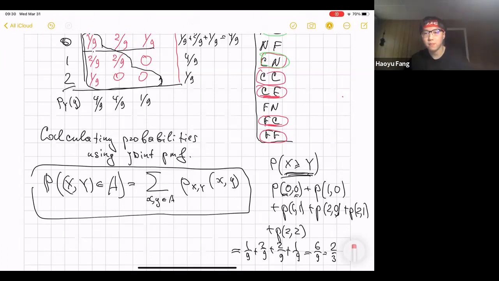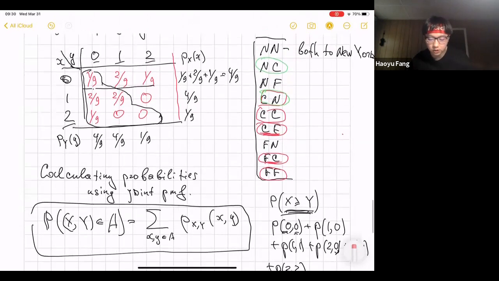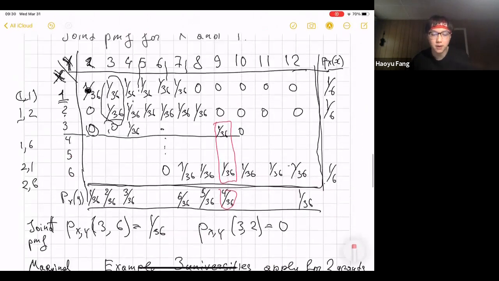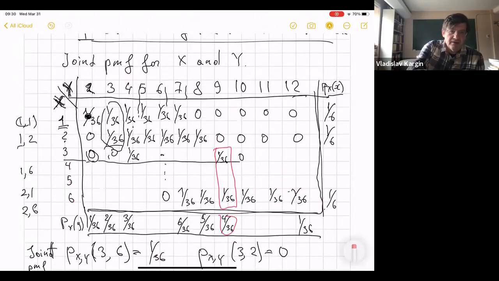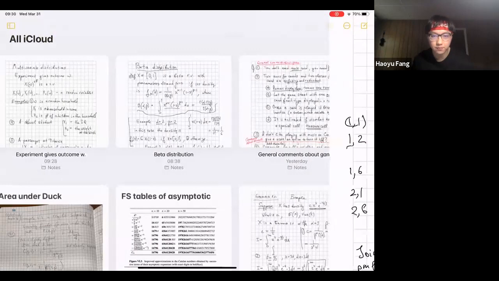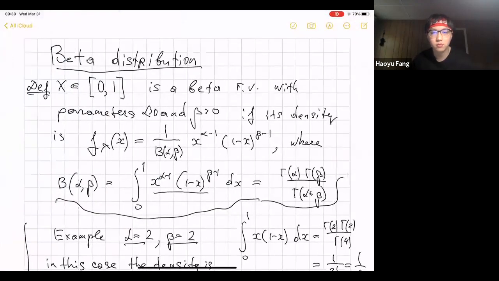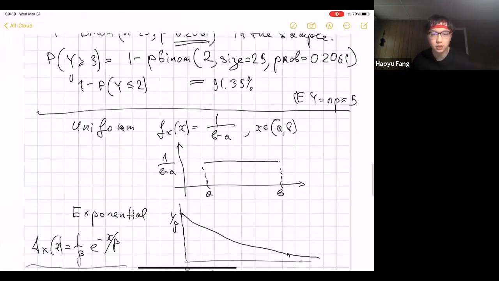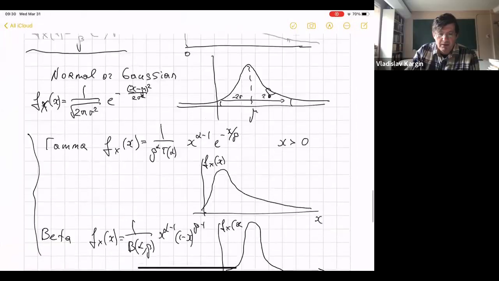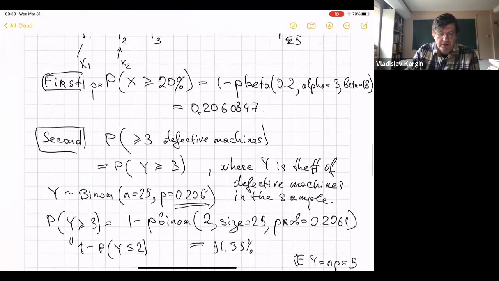Hi, Professor. I had a question. Could you go back to the notes where you wrote the example of the downtime ratio of a machine, with the beta distribution? It's for beta, right? Yeah, like last chapter. Yeah, right here.